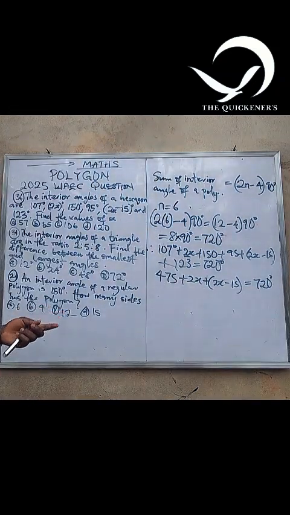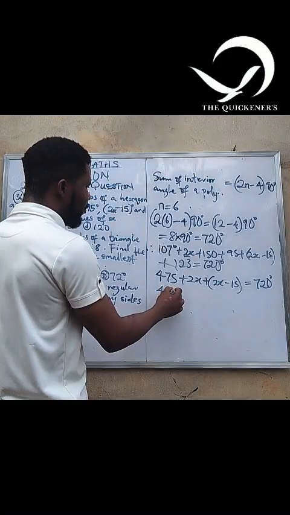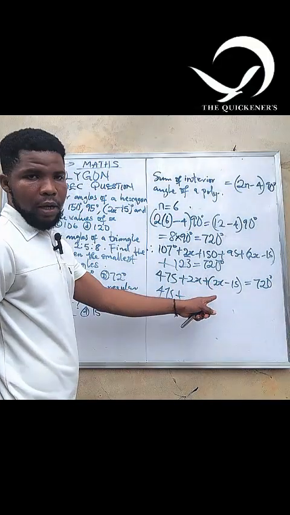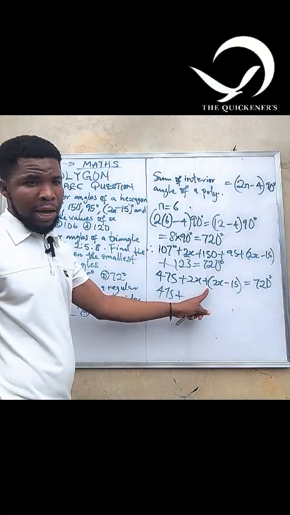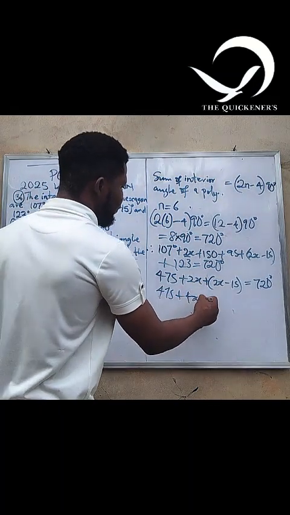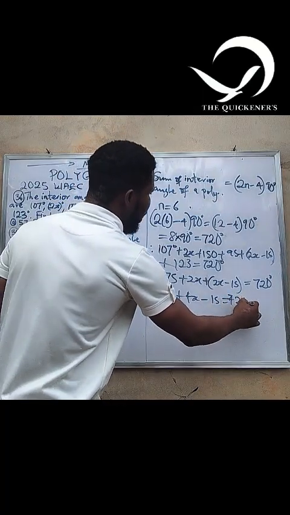Alright, we're just simplifying this now. Let's unpack this. So we have 475 plus. When you remove this bracket, it's not significant because we have plus here, right? So 2x plus 2x, that's 4x. Then minus 15 equal to 720.